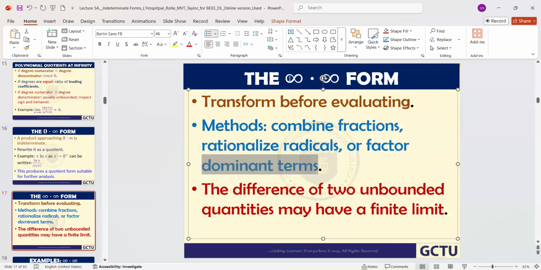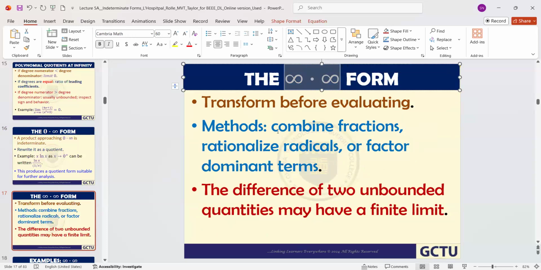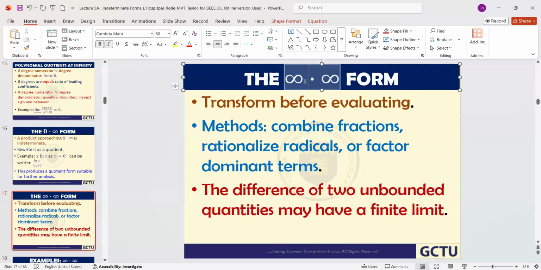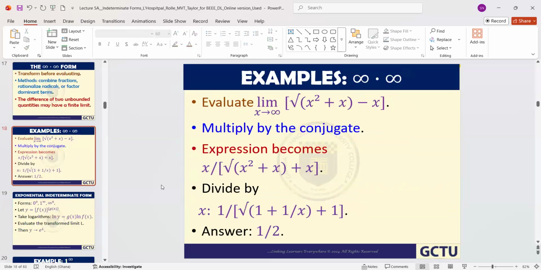Some fractions must be combined, or you must rationalize, or you must factor. The difference of two unbounded quantities may have a finite limit. Infinity is unbounded. It means you are getting a value that is not ending. So when you get these types of answers, you must take these steps to be able to evaluate them.